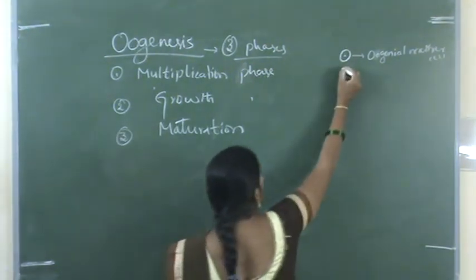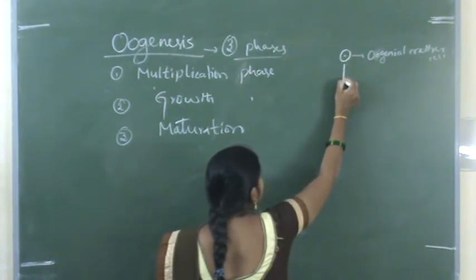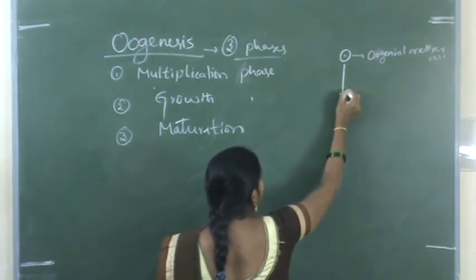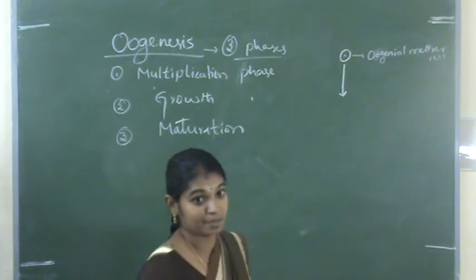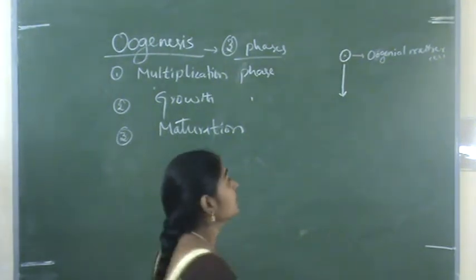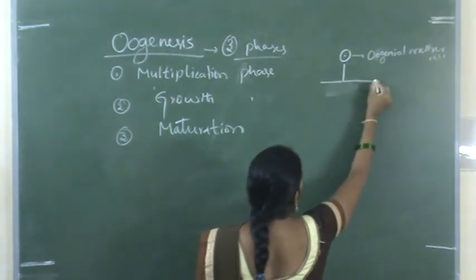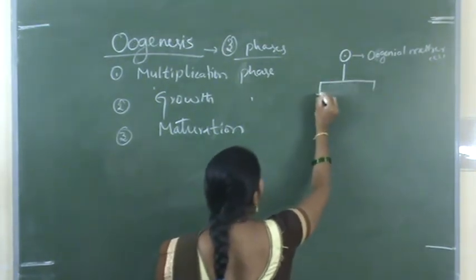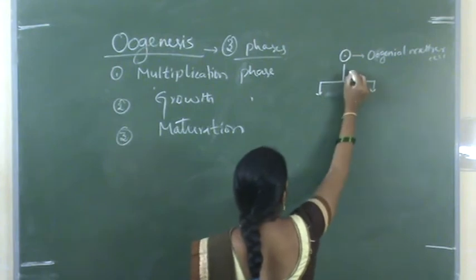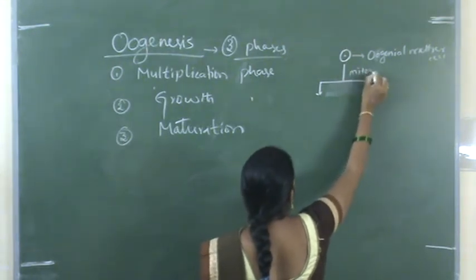And here multiplication takes place, due to mitotic cell division, due to mitosis.